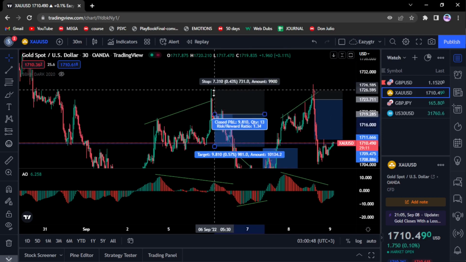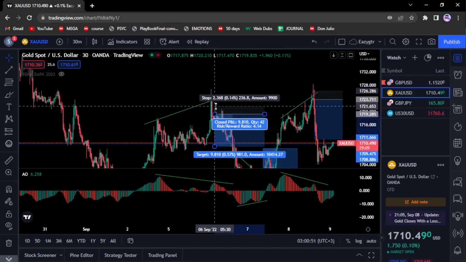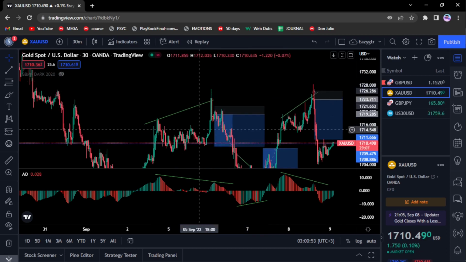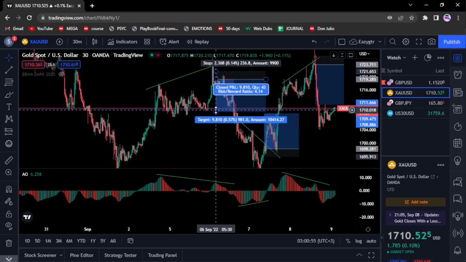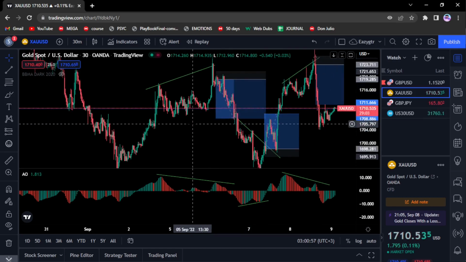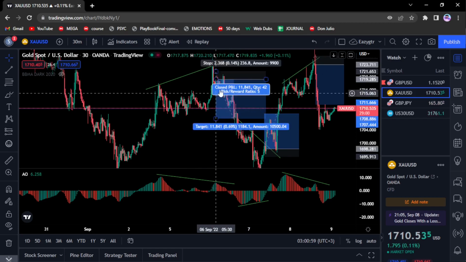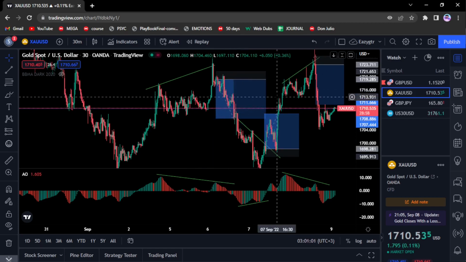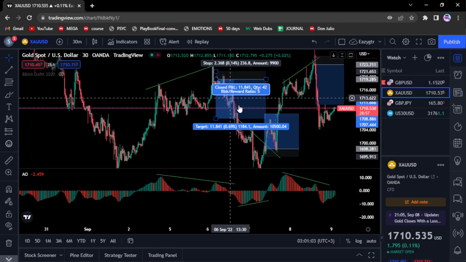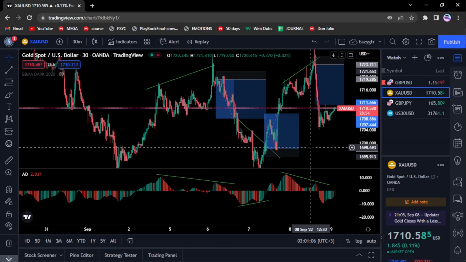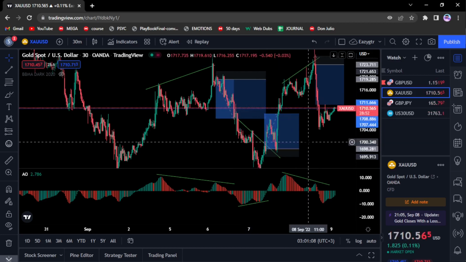Stop loss for around 20 pips. Have your take profit for around 100 pips. Easy. So these are 3 entries that we took from September 6th, 7th and 8th. This is only one pair, and in 3 days you've got 300 pips.